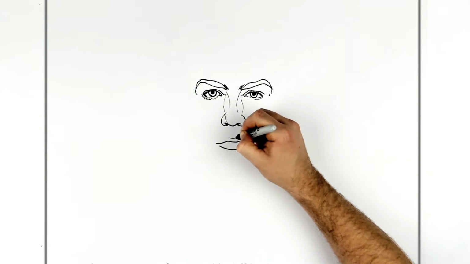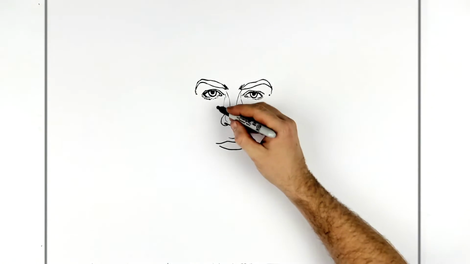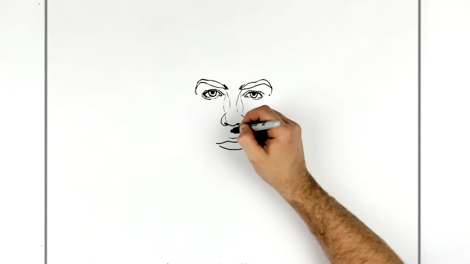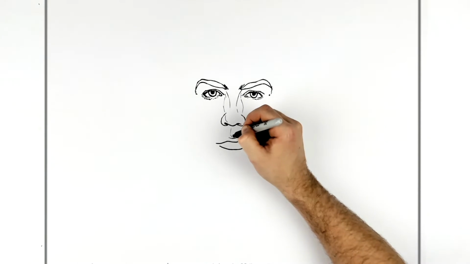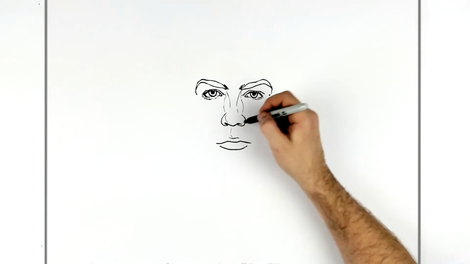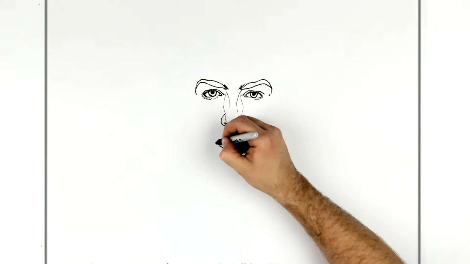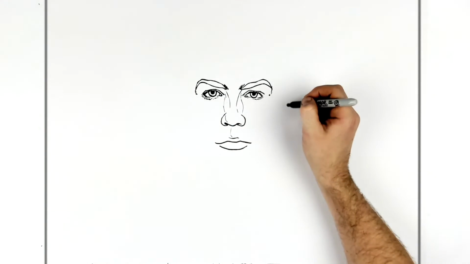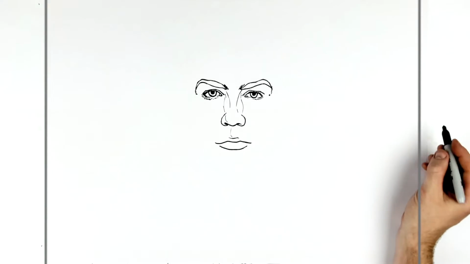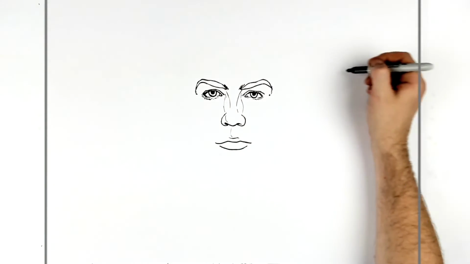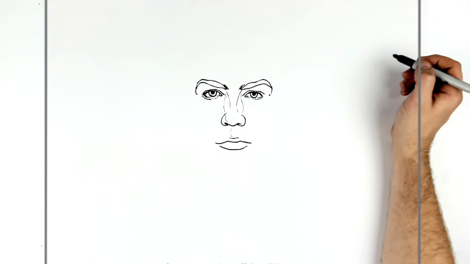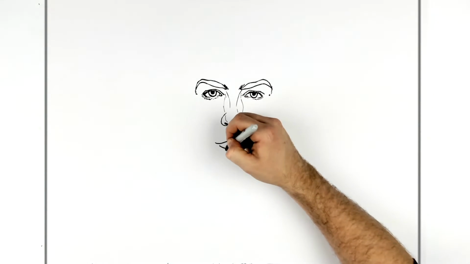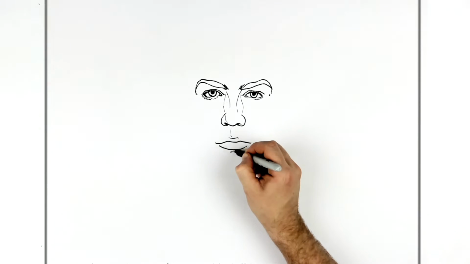You could just add a little line like that, and maybe just that thing that comes down here for his lip. You don't really have to do much more than that. Maybe something just on the corner of his mouth there, like a smile. Maybe just some shadow just underneath his chin here.